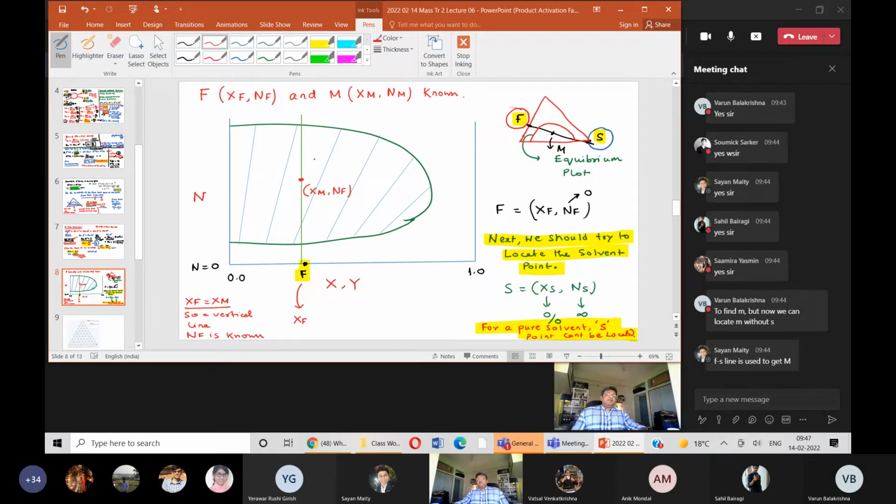Clear? So this point M is now located. This is M only. This is not M dash. So point M is located. Is this clear to all of you? Adrija, is it clear to you? Samira, is it clear to you?